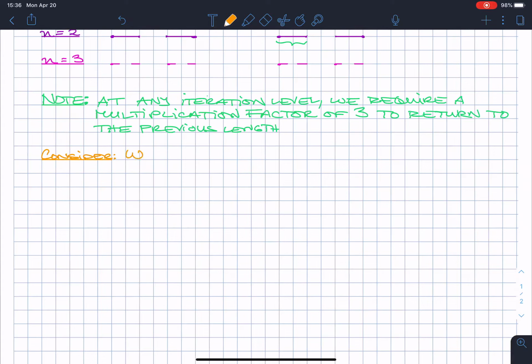Will the Cantor set arrive at infinitely many points or lines? Well, that's a good question, and we'll get to that later.